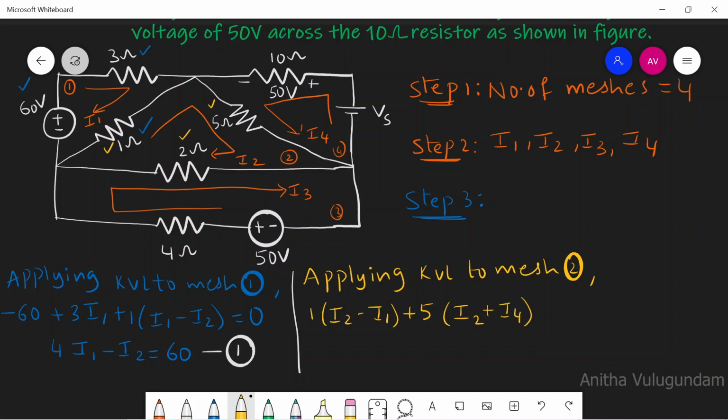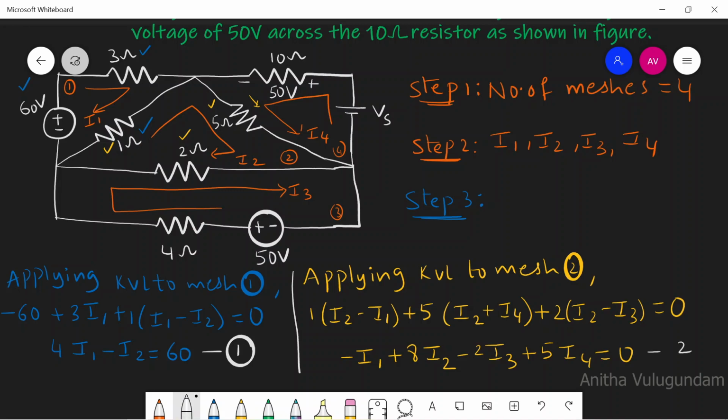If you observe here, I2 current and I4 current are flowing in the same direction. So we'll write 5 into (I2 plus I4) plus 2 into (I2 minus I3) equal to 0. By rewriting this equation, minus I1 plus 8I2 minus 2I3 plus 5I4 equal to 0. Let it be equation number 2.